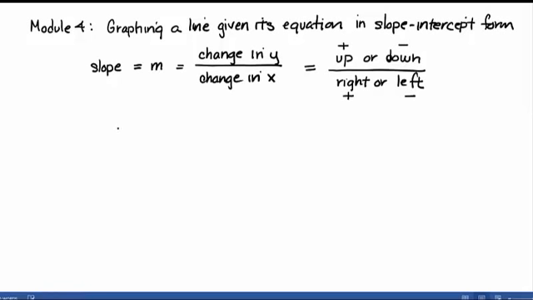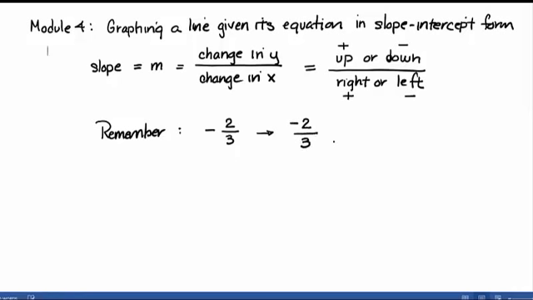When I look at a fraction, say a fraction that's negative 2/3, that's the same. I could just throw my negative sign up into the numerator.